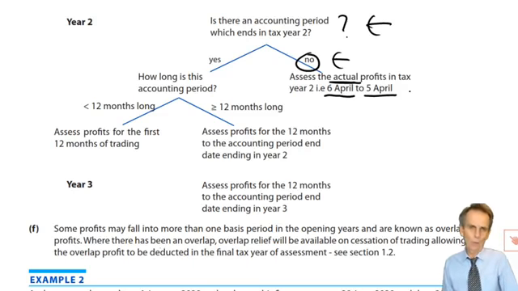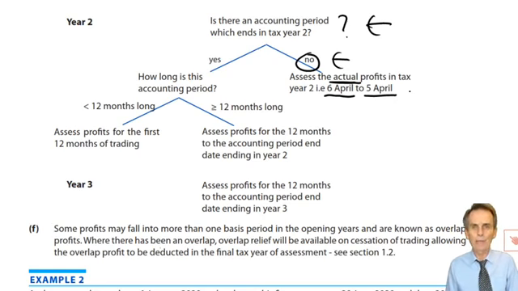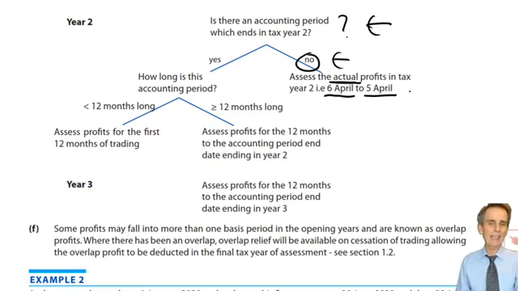But what it will mean, and where I first started this discussion this time around, is whereas normally we are used to seeing that by tax year 3, we have a CYB basis of assessment in place and able to be used, that's not going to happen here. Because in the third tax year, we will indeed have an accounting period that ends in that third tax year.